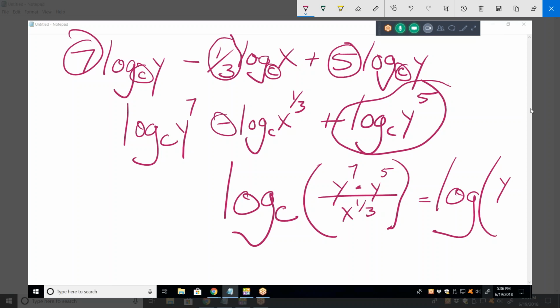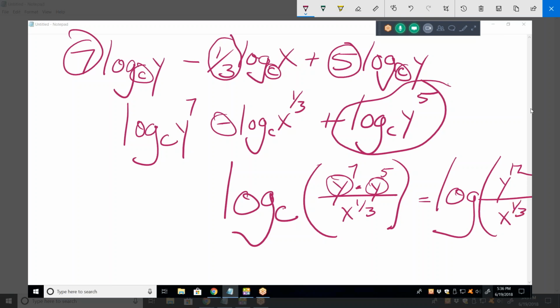Again, the same rules that apply to logs apply to exponents. You never do the same thing. I'm multiplying y by y. I am never multiplying those two exponents. What should I be doing to those two exponents? Adding. Yes. So it'd be y to the 12 over x to the 1/3. Yep.